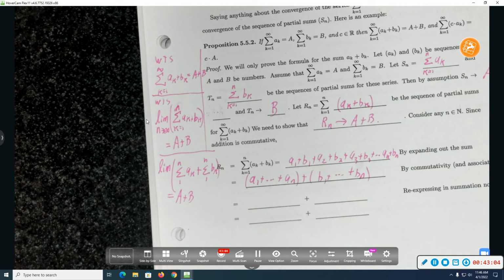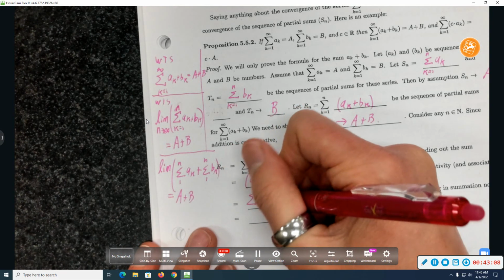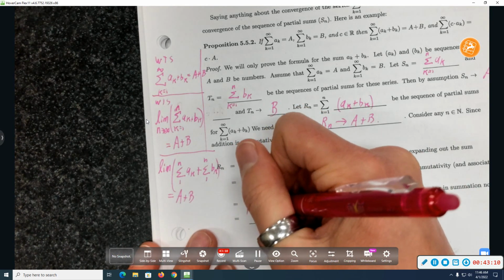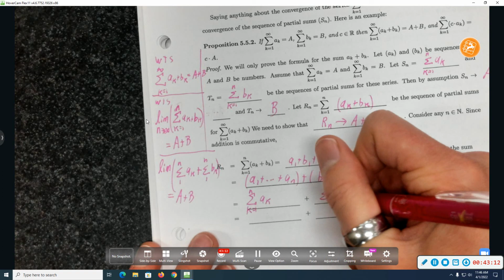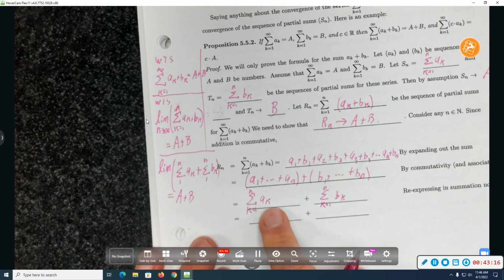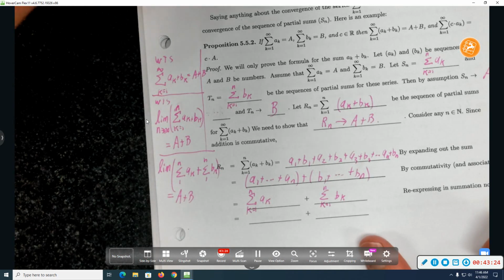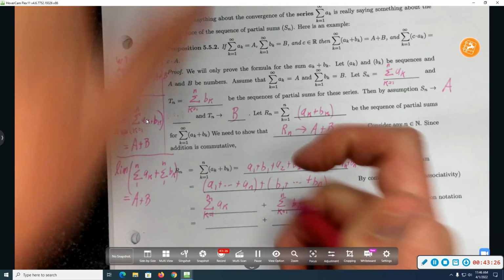All right. So, in summation notation, this is the sum of the ak's from k equals 1 to n. Here I see the sum of the bk's from k equals 1 to n. I already have a definition for that. What's the thing that I've already given that name to? Sn.